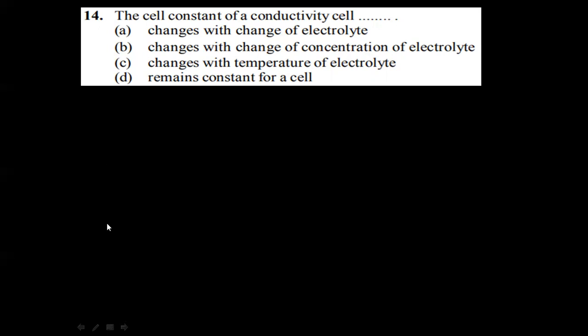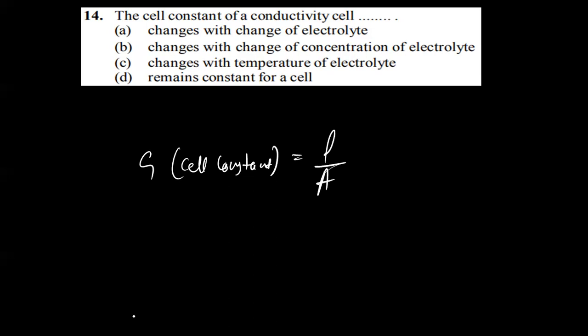We know that the cell constant of a conductivity cell, that is G, which is considered as the cell constant, is L by A, where L is the length of an object and A is nothing but the area of cross section.